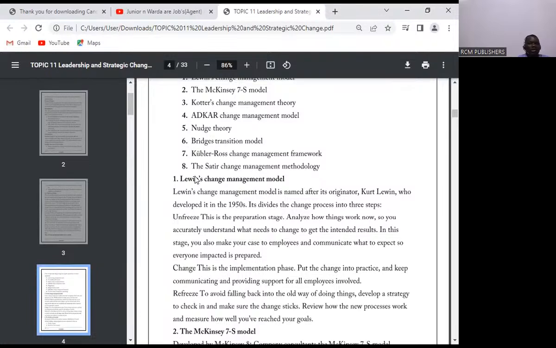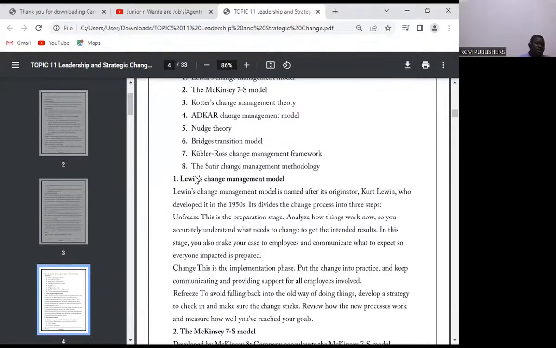You try to tell the employees to support the new change process. Once everything has been well communicated and people understand, yes, we have to change, we have to alter our attitude, our perception, you have now to embrace a new organizational culture. And that's where the refreeze part is now coming in, now making the new changes compulsory. They now become operational. And that's what Lewin's model identifies.